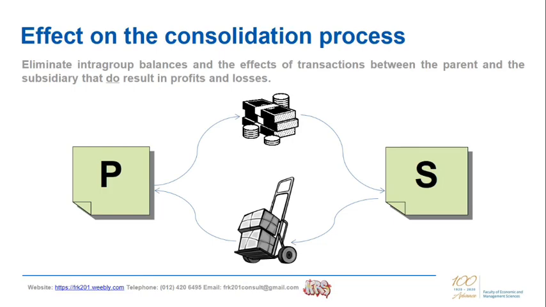So in this scenario where we have the parent selling inventories to the subsidiary or the subsidiary selling inventories to the parent, the effect is the elimination of intragroup balances and transactions. And this is now the first scenario where we're going to look at an intragroup elimination journal where it would have an effect on the profit of the group.